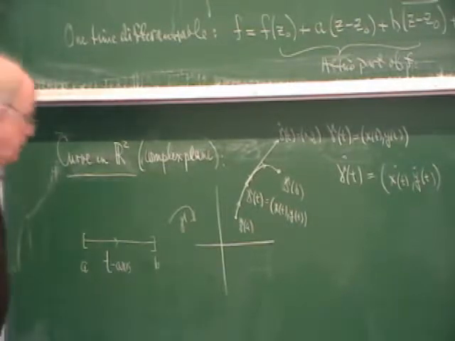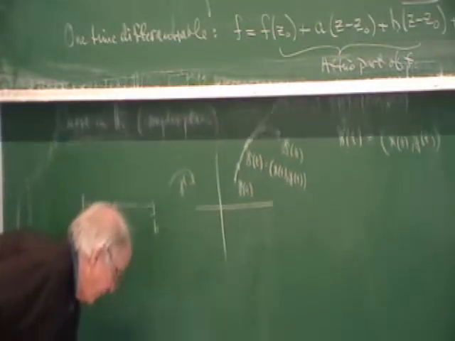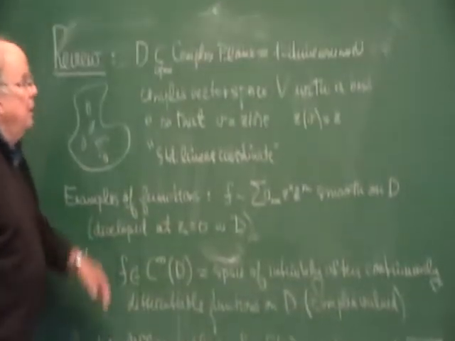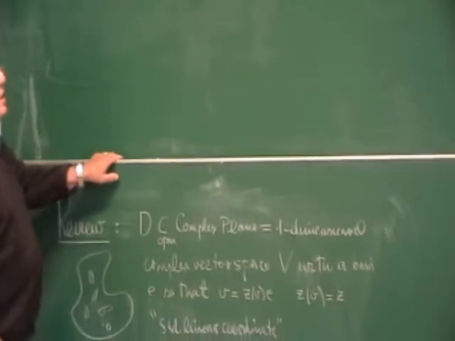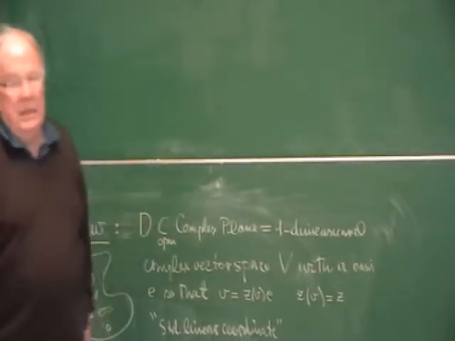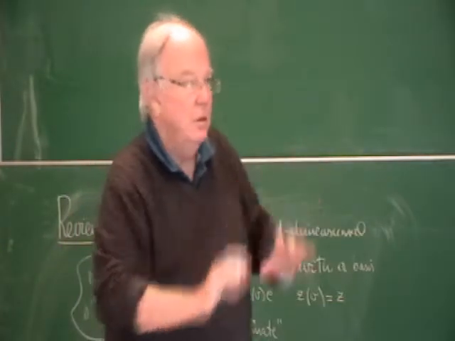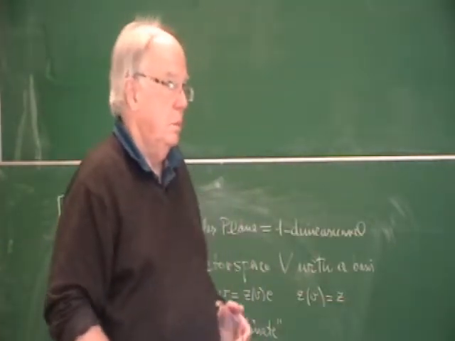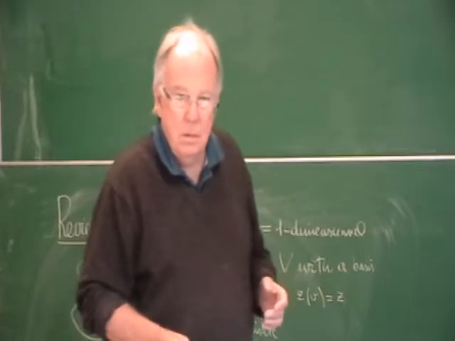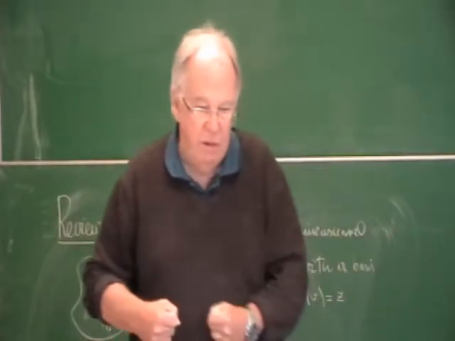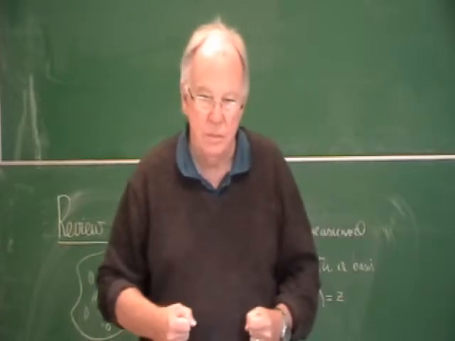Now, this curve is moving along in, if you like, some sort of field. Maybe you can think of force. Maybe there's some force pulling on this curve. I don't know.